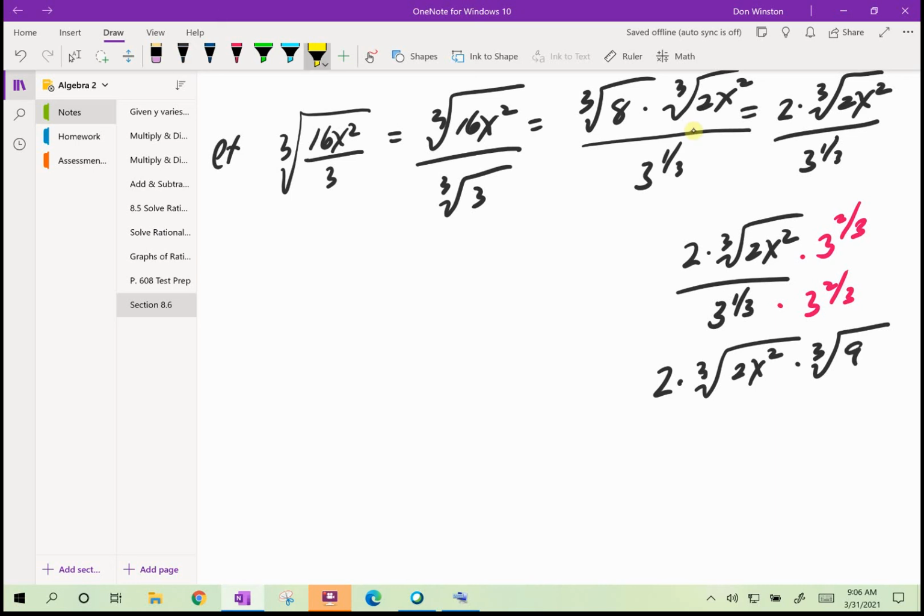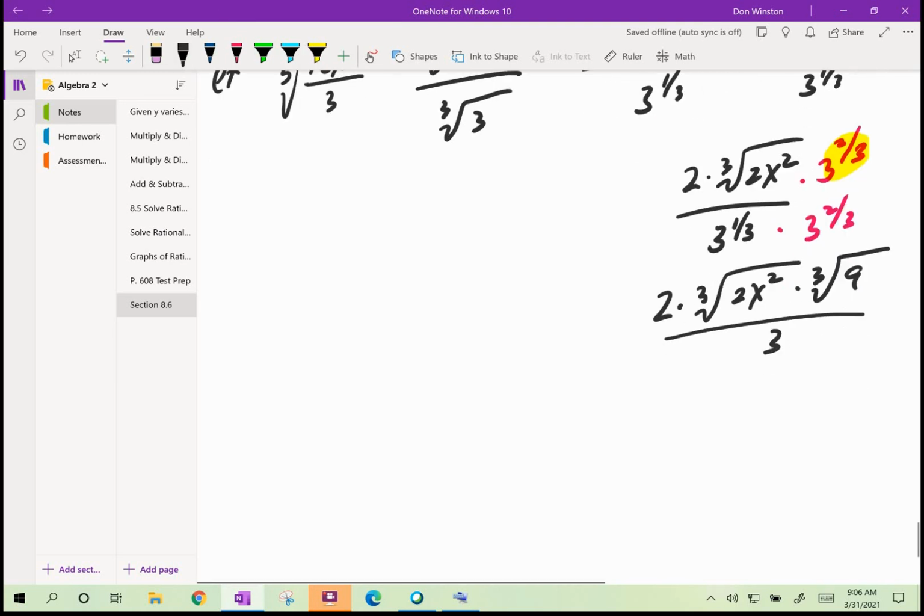Again, I converted 3 raised to 2/3 as the cube root of 3 squared, which is the cube root of 9, and this is all over 3. Finally, because my indexes are the same, I'll multiply the 2 and the 9. So I'll get 2 times the cube root of 18x squared over 3. Done.